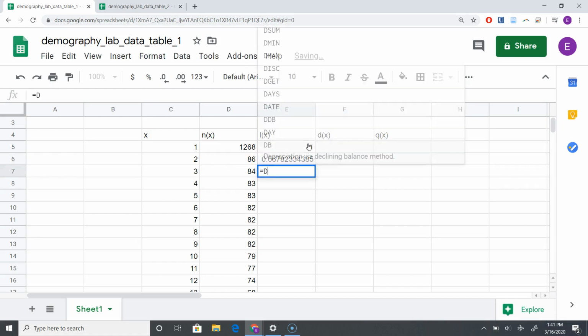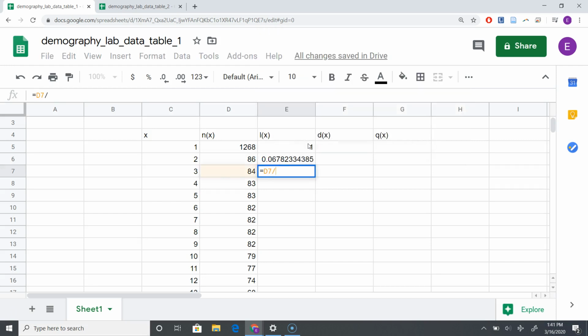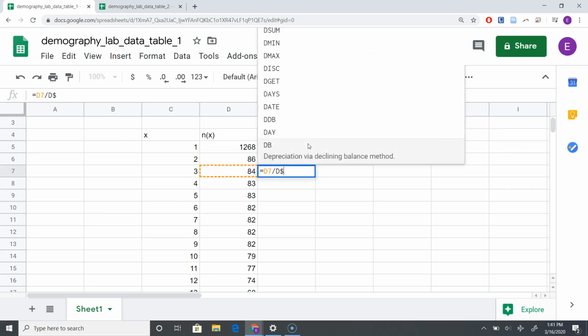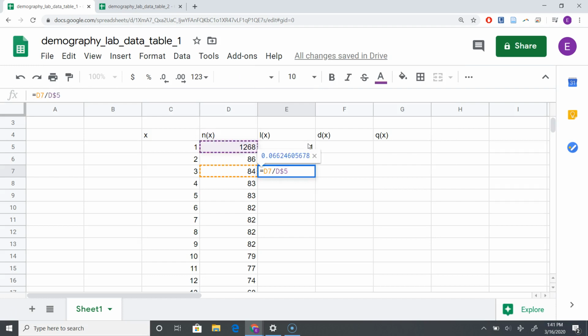And I'll do that again. We're going to say equals D7 in this case, divided by D, dollar sign, 5. And you'll see what that does in just a second here. This, I have my dollar sign 5. It's written in there.